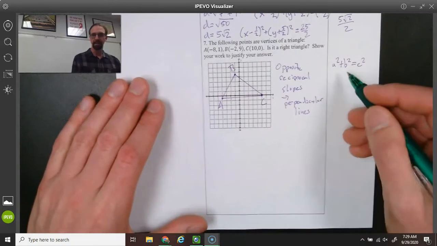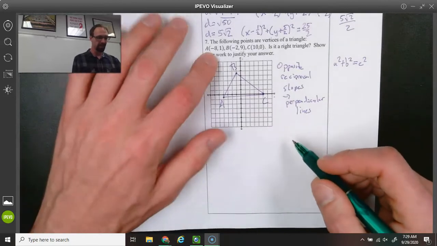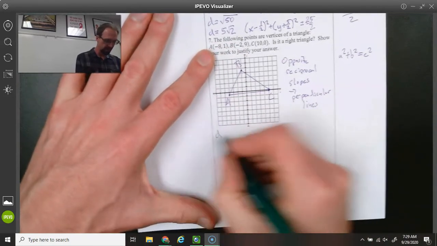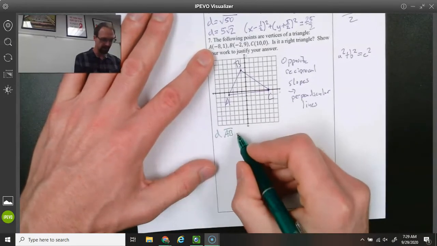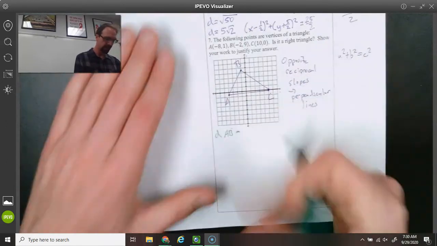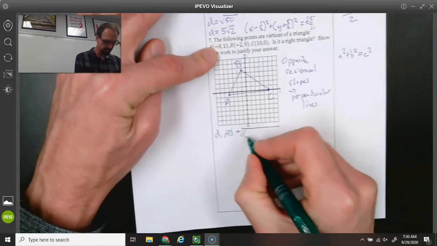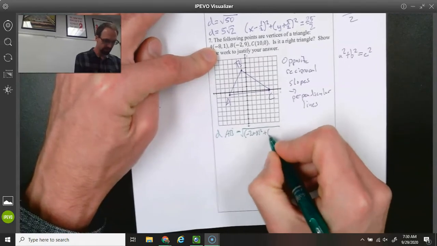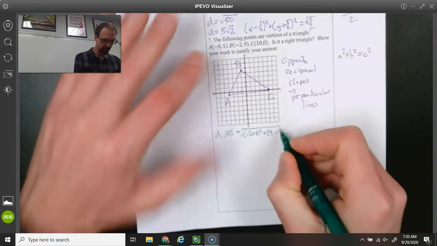if I wanted to find a squared plus b squared equals c squared, I'm going to be taking the distance of these. So I'm going to take the distance from A to B. The distance of A to B is equal to the square root of, so here I have negative 2 plus 8 squared plus 9 minus 1 squared.